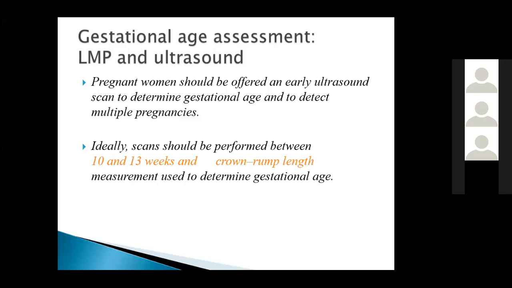Ultrasound, especially done in early pregnancy, between 10 and 13 weeks, will help you calculate the EDD, the expected date of delivery. While if the patient has a regular cycle and remembers well her last menstrual period, then with the help of the LMP, we calculate her expected date of delivery.